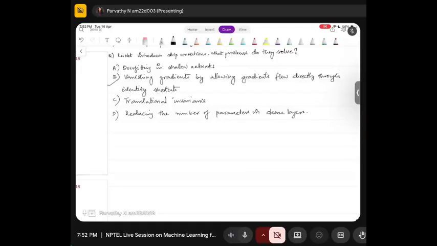Coming to translational invariance, it means if you have something in an image, for example, an image with red color roses.